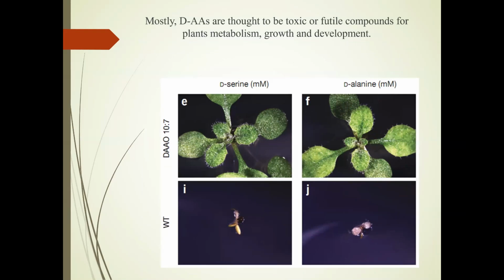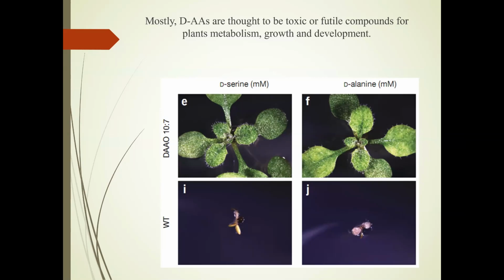Later on, I moved toward the study of metabolism of amino acids in plant systems and biological pathways. Historically, it is believed that amino acids kill plants, as you see in this picture on the upper side.